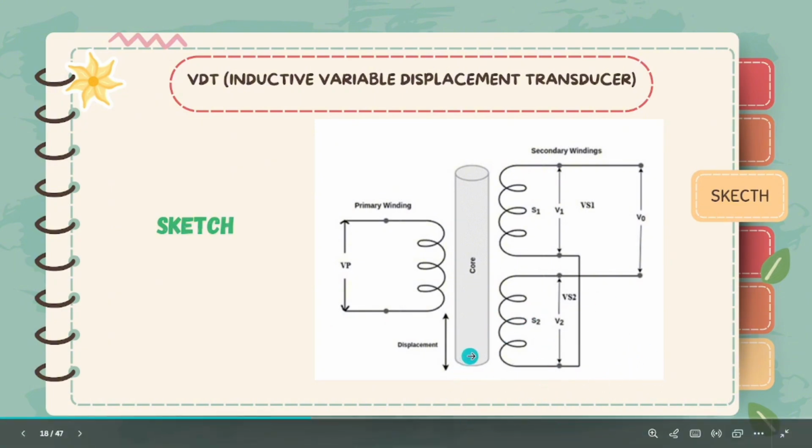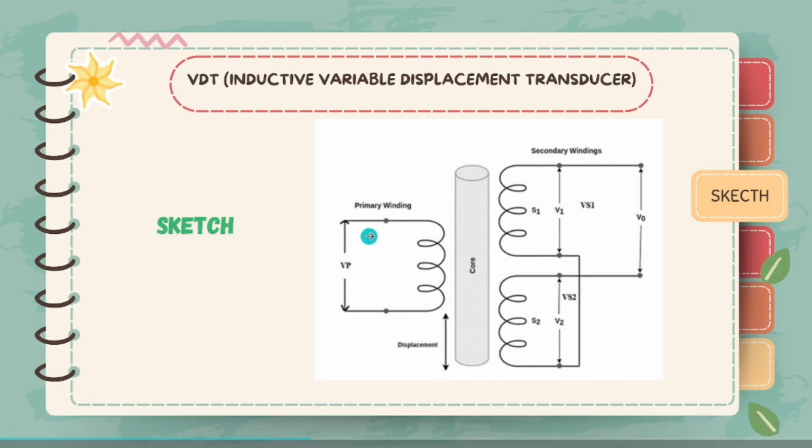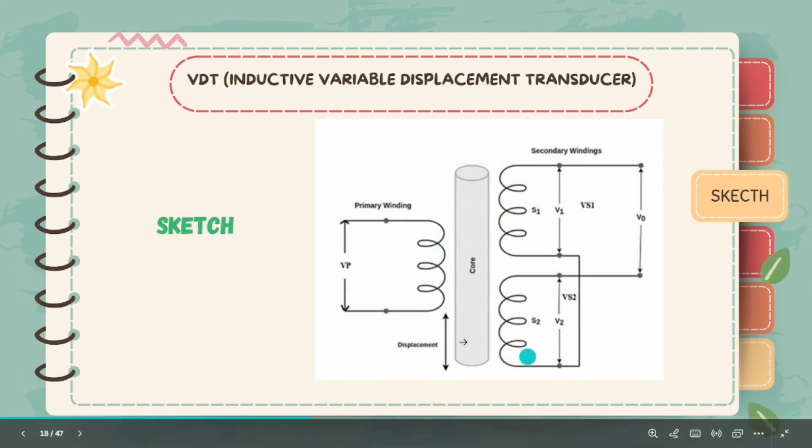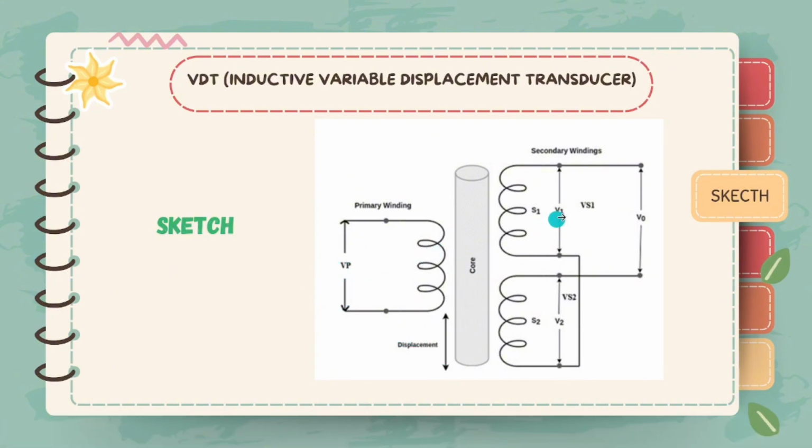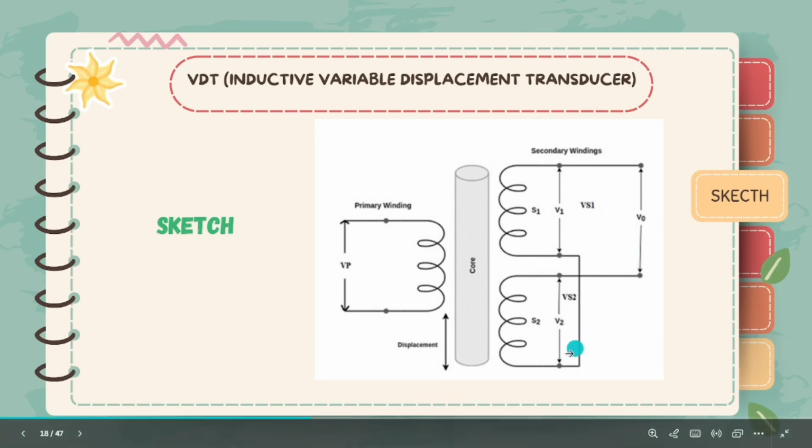This is from the sketching one. In the sketch, you can see the same thing. The primary winding is in the middle and is excited by the AC source. VP is the AC source. The two secondary windings, S1 and S2, are connected in opposite directions, which we call series opposition.